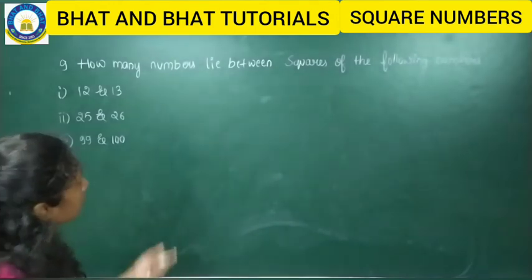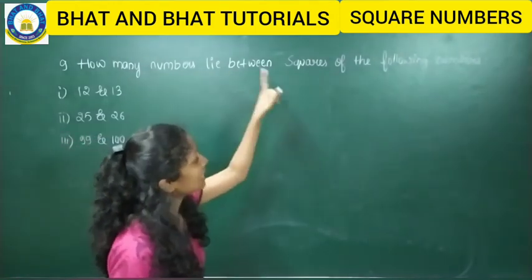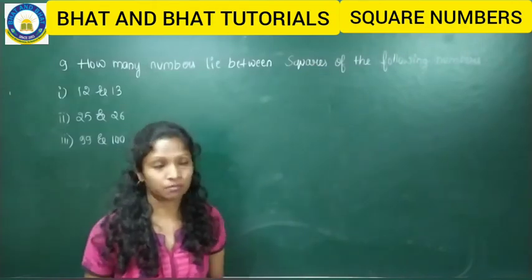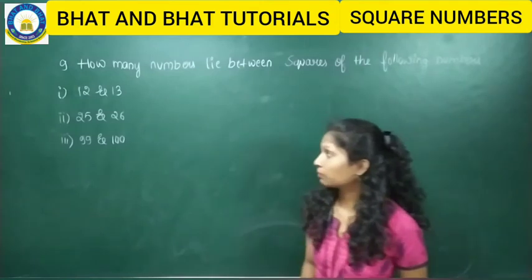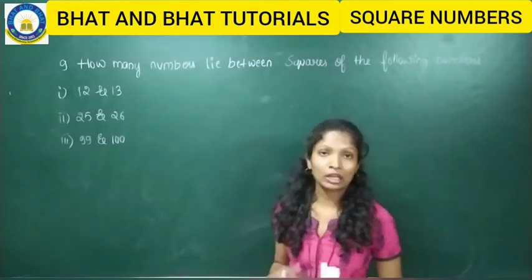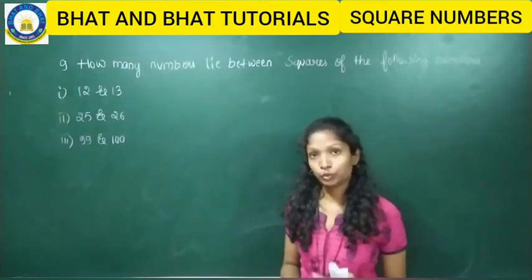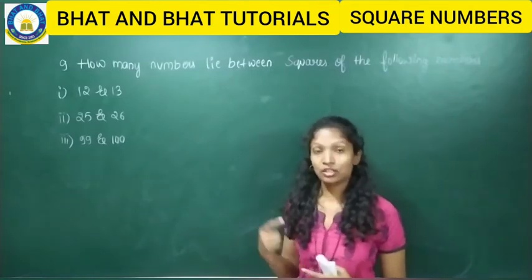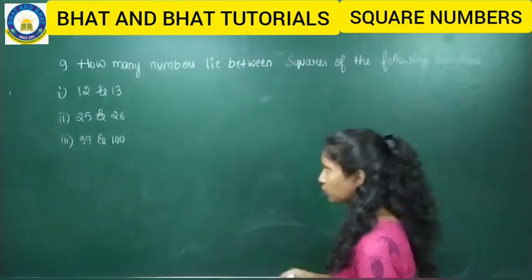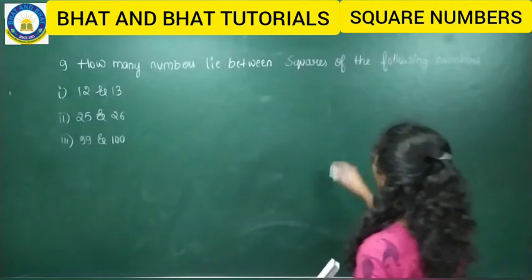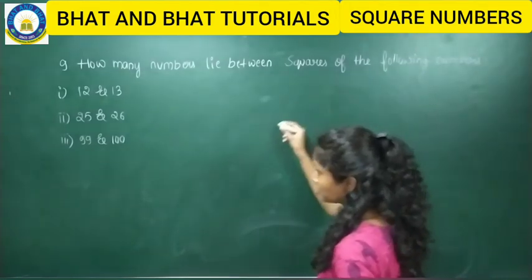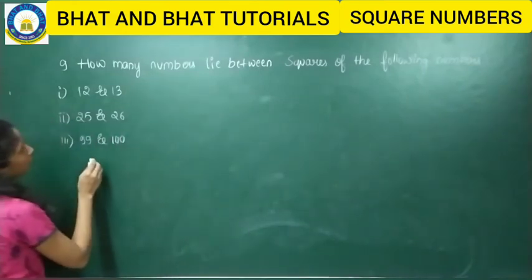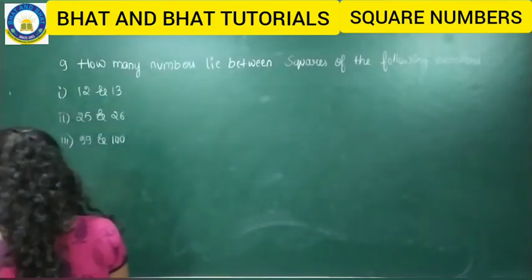So you have to find out how many numbers lie between squares of the given following numbers. So what are the following numbers here? First one is 12 and 13. First, what you have to do, you have to find the square numbers for 12 and 13.